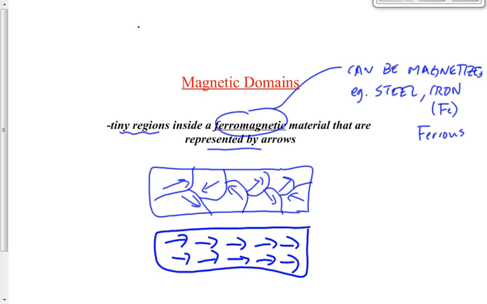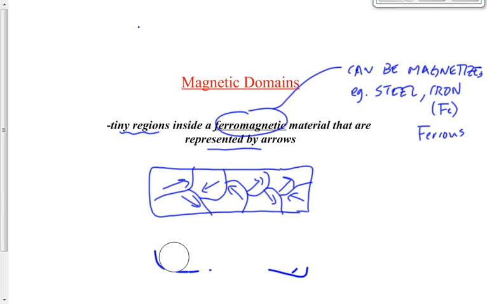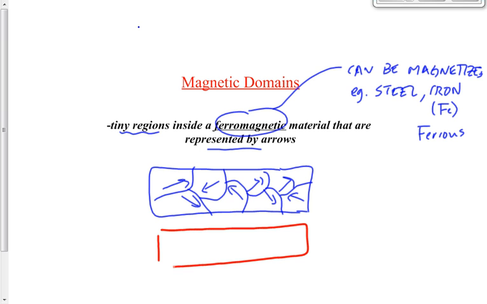Now, how do we do that? How do we cause these domains to become aligned, to point in a particular direction? There's a couple ways. One way, pretty simple, bring another magnet nearby. Bring something that already has its domains aligned nearby.